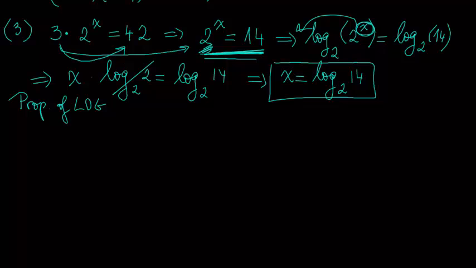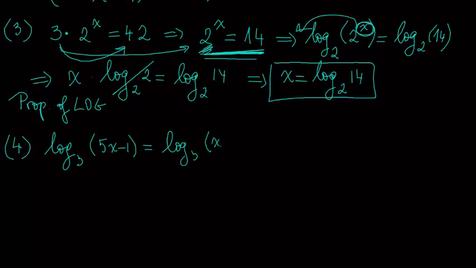Looking at one more example, let's say that I have log base 3 of 5x minus 1 equals log base 3 of x plus 7. So in this case, we recognize a standard classic scenario of the one-to-one property.